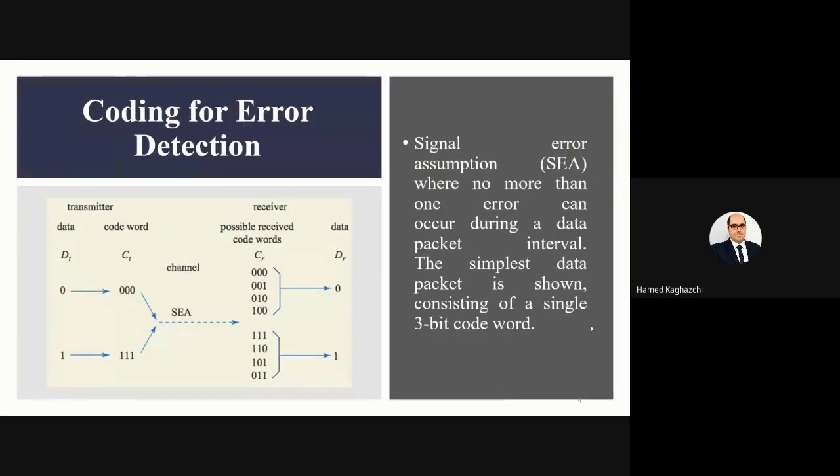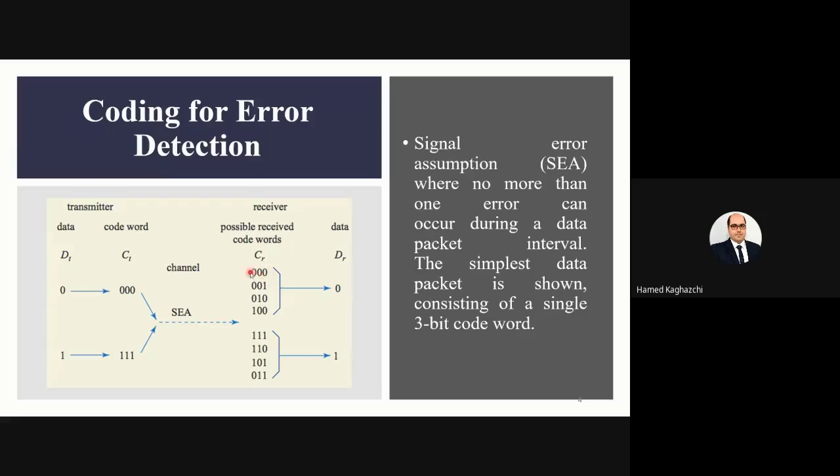Now, look at here. Suppose that we have single 3-bit code words. This is the transmitted data, which is source produced, and I suppose that I want to use a 3-bit code word and send it to the receiver, to the destination.